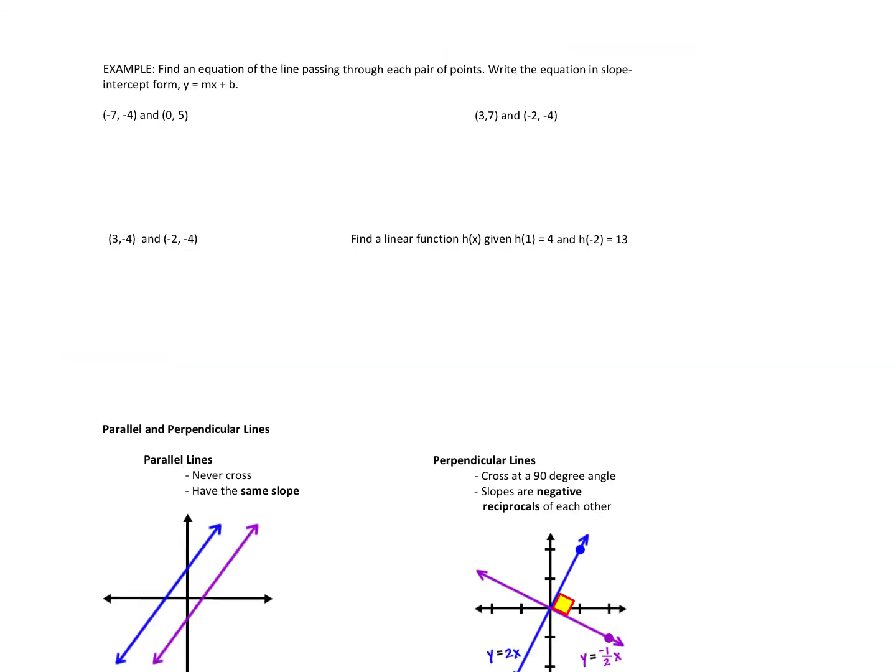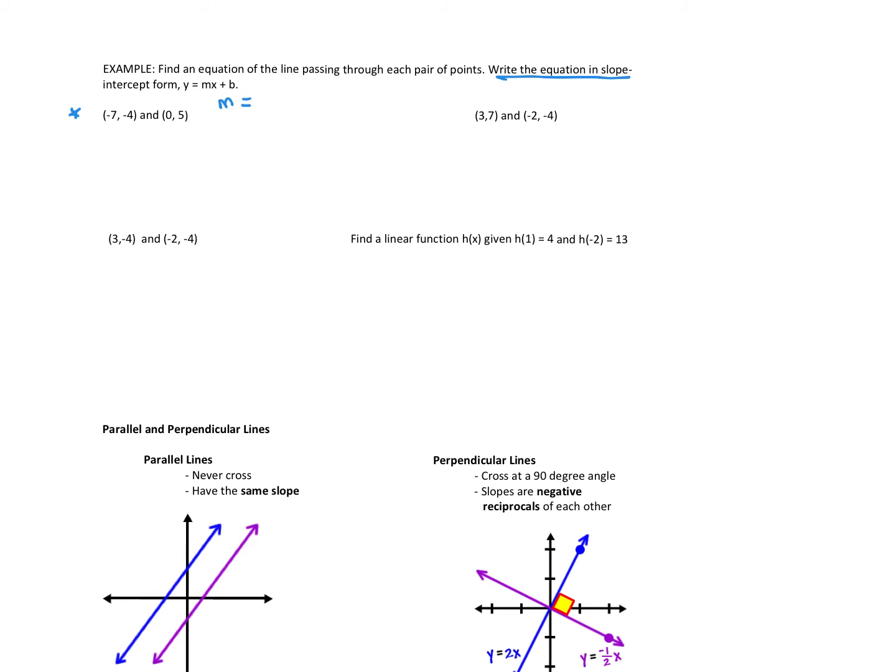So here are a couple more examples. Write the equation in the slope-intercept form. I'm going to do the first one, and then I'm going to let you do the second two, and then you can pause the video and check your work. So for this one, we're not given a slope for this first one. So the first thing we have to do is find our slope.